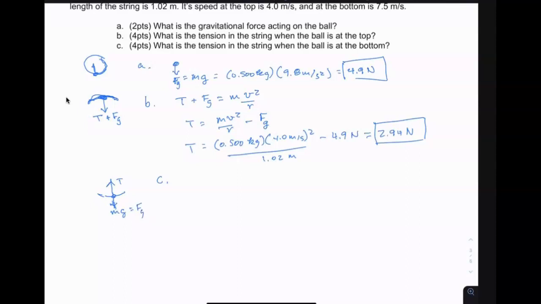So the sum of the forces in the y direction is the tension force minus mg, which is the net force equal to mass times the acceleration, v squared over r. So when it's at the bottom, the tension is equal to mv squared over r plus the gravitational force.